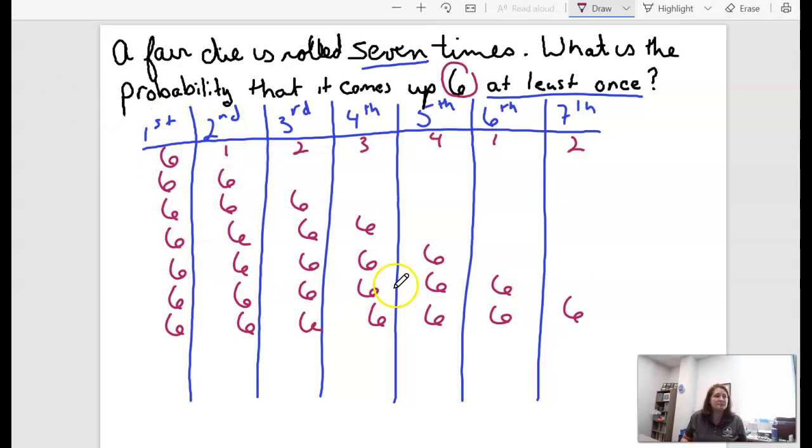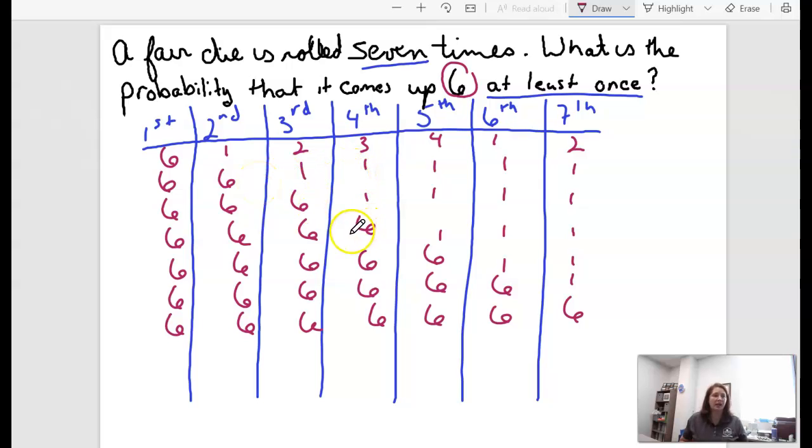All of these possibilities, and it really doesn't matter what our other numbers are. I could just say that I've got 1s in all of these others. It really doesn't matter. I at least have a 6 one time.